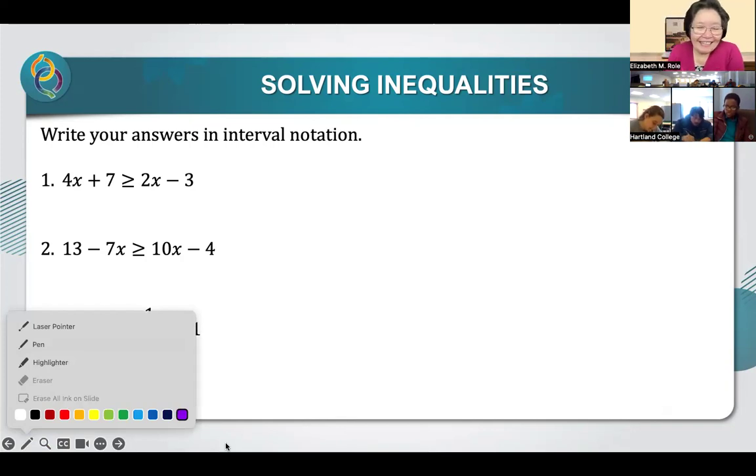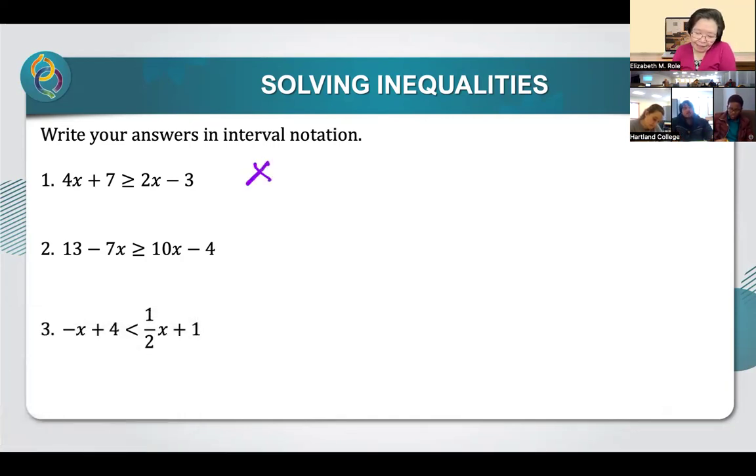Okay, so to begin with, what will be the answer? X is greater than or equal to, what's your answer?